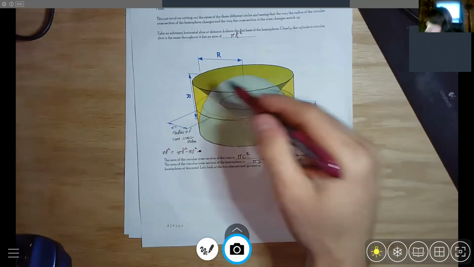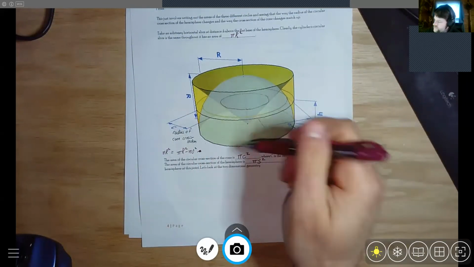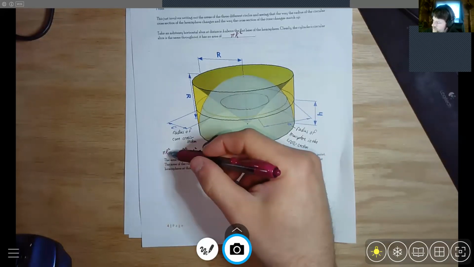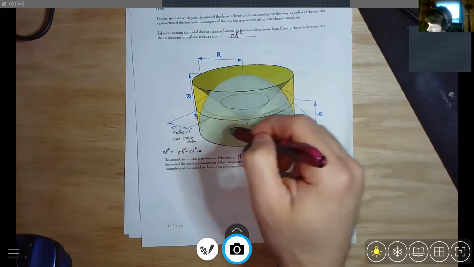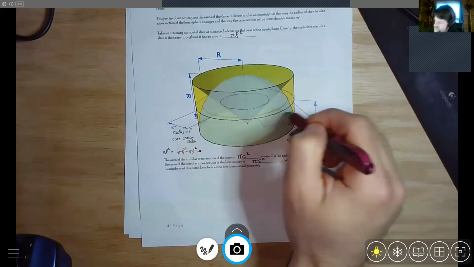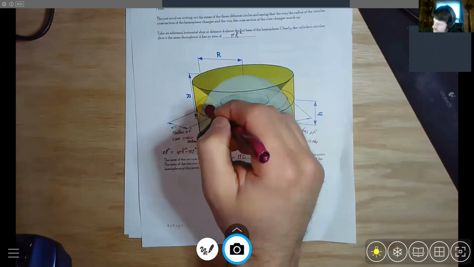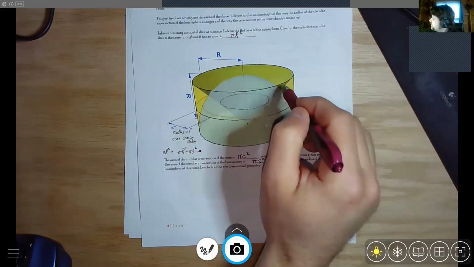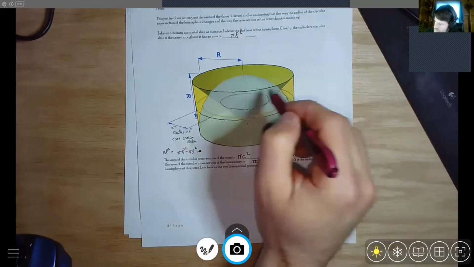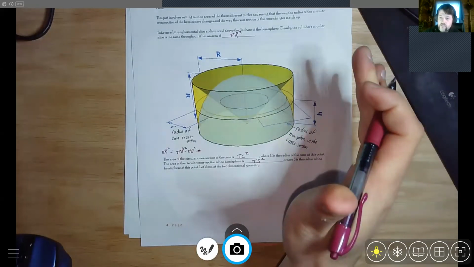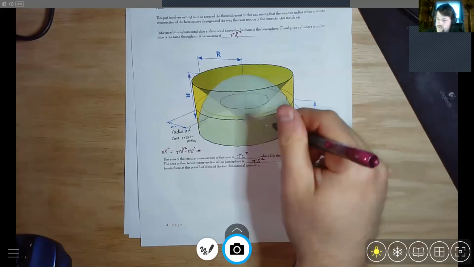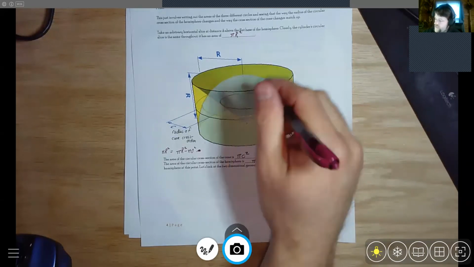And so what they're saying is if this is true for the entire picture, then we can just sum up. If we summed up all the areas of every cross-sectional piece of my cylinder, then that would be the volume of the cylinder. That's what volume is. It's basically taking all your areas and multiplying it by the height.